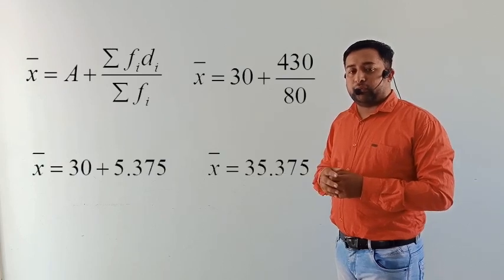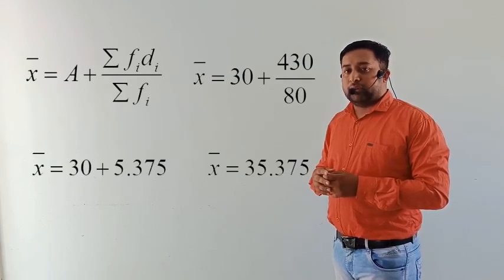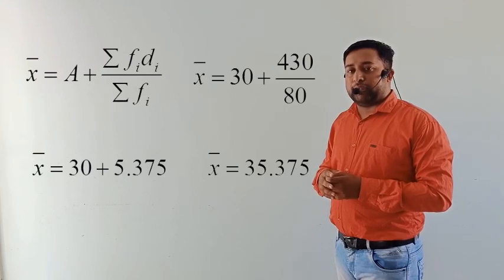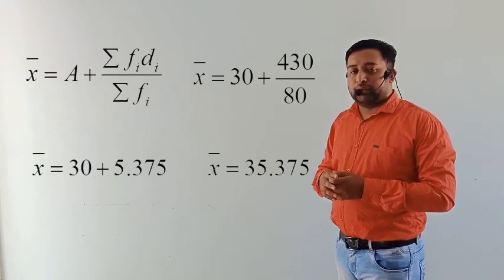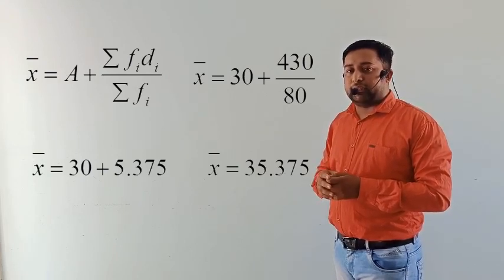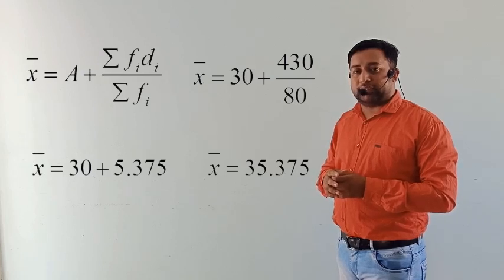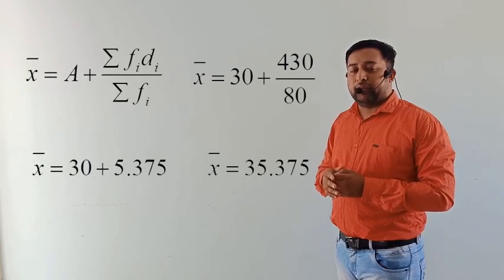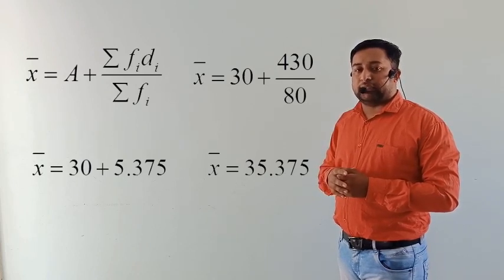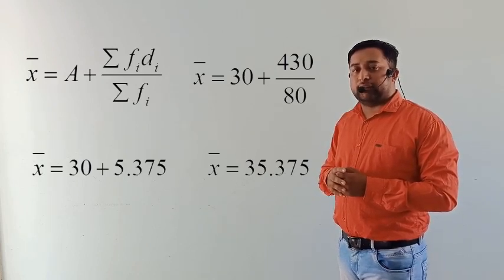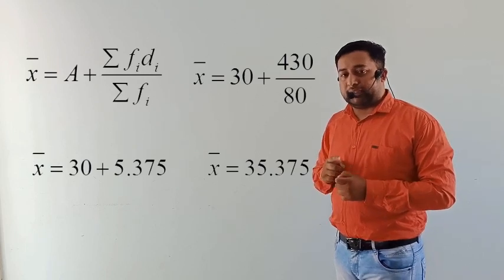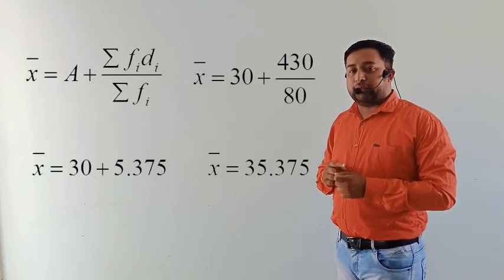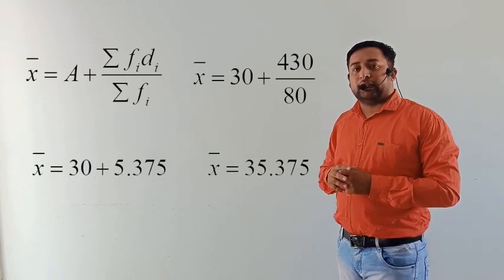Now dividing 430 by 80 gives me 5.375. Now adding 30 with 5.375, my x bar will be 35.375. My x bar is 35.375.